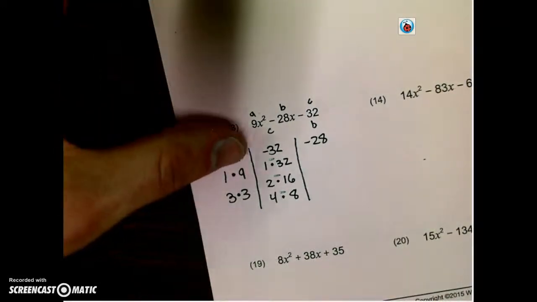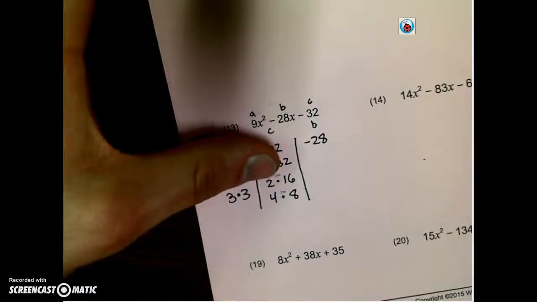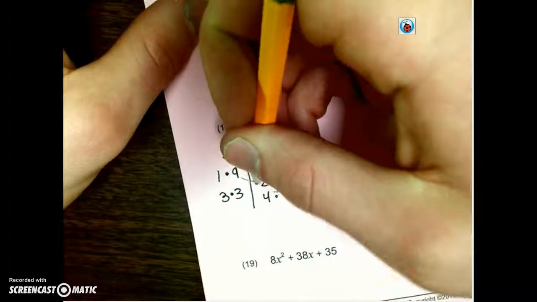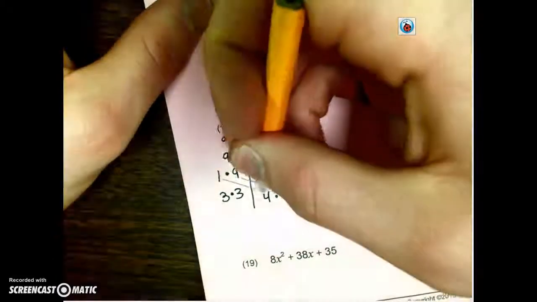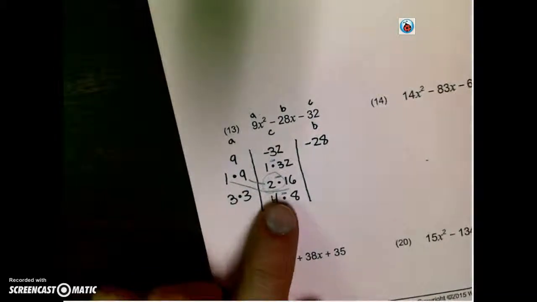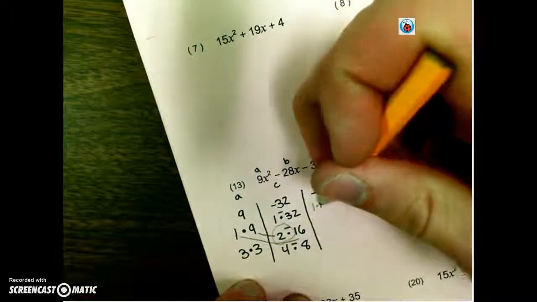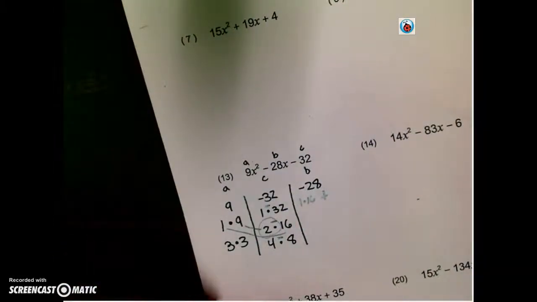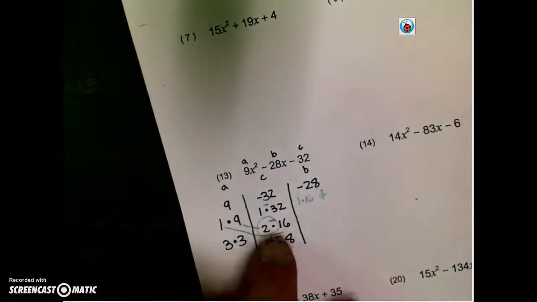I'll take the 1 and the 9, and maybe multiply it by this negative 2 and say a 16 here. All right, so this is me trying 1 times a 16. I'm going to see if that adds up with a 2 times a negative 9.